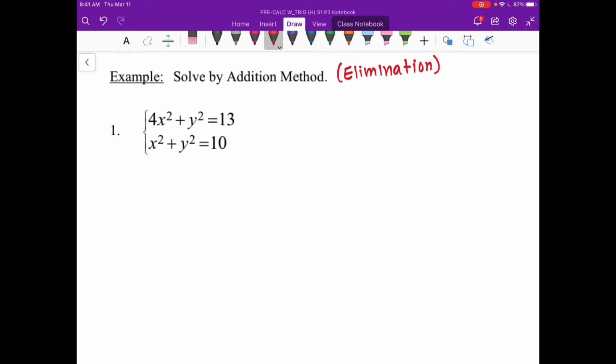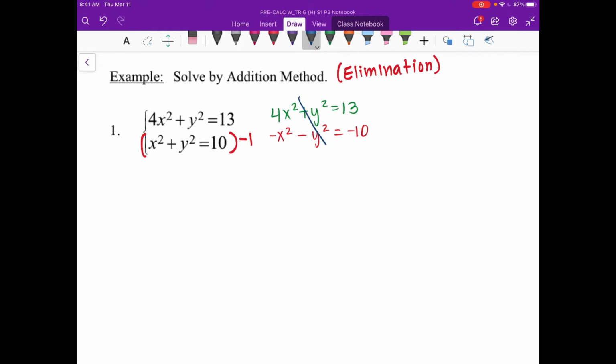So to do this, I'm looking at these two equations, and I see that I could potentially cancel out the y terms, but I need to first multiply the bottom one by -1. So the first one's going to stay the same. I have 4x squared plus y squared equals 13, and the bottom one, I have negative x squared now minus y squared equals -10. So again, I'm doing that so that these will cancel.